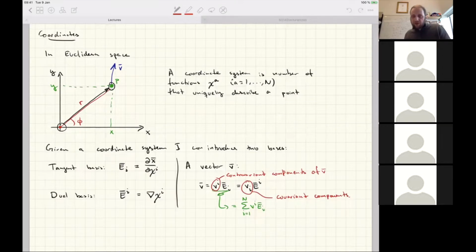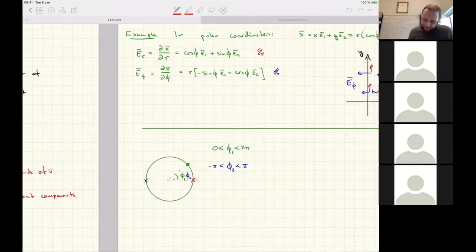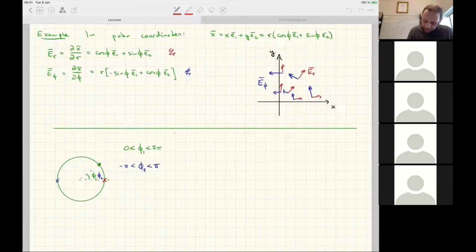So covariant essentially means that they transform in the same way as the tangent basis does. If we look at the tangent basis, we had that E_i was equal to dx/d chi^i.